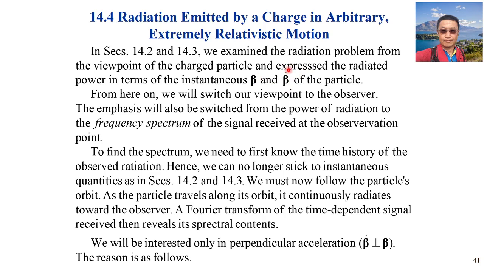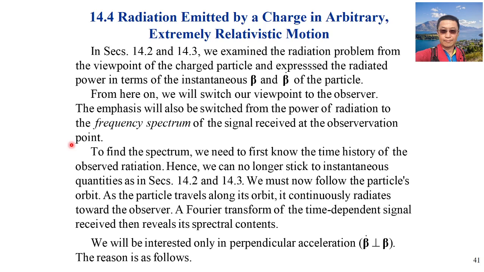From this section on, we will switch our viewpoint to the observer again. The emphasis will also be switched from the power of radiation to the frequency spectrum of the signal received at the observation point.